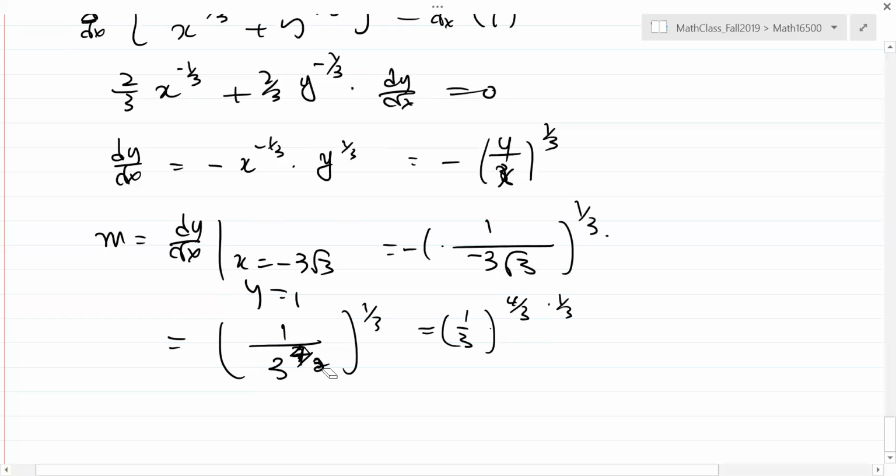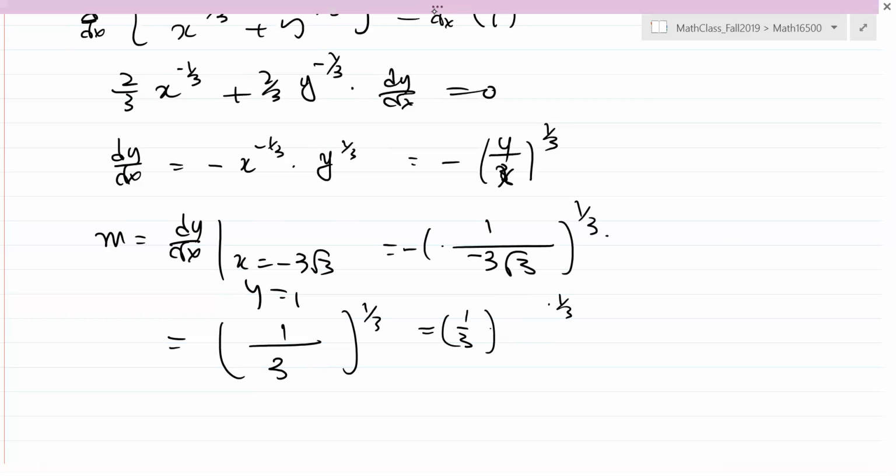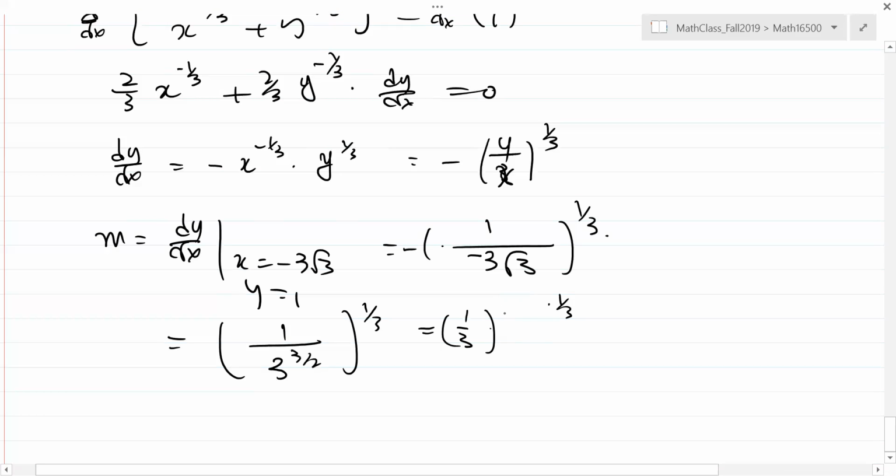Let's change it. It's going to be 3 over 2. Right, so the answer will be 1/3 to the 1/2. In other words, it's going to be 1 over square root 3.